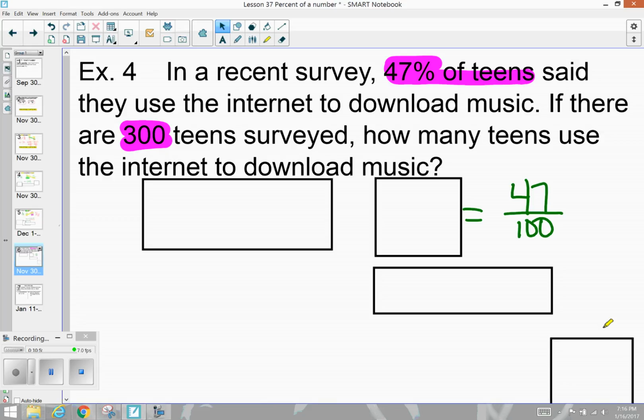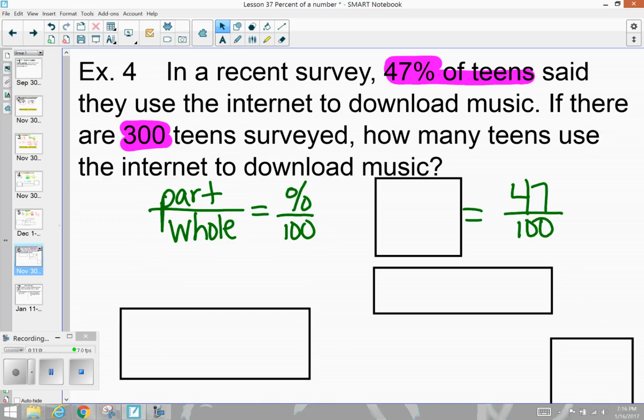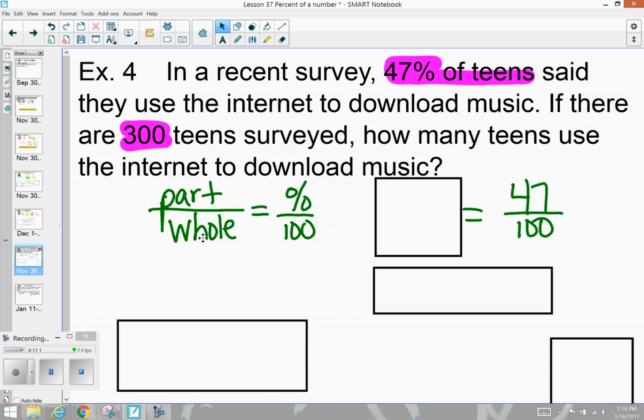But in this case, with the word survey, we're going to set it up with our other proportion. So this time we're going to say part out of whole, because we're talking about part of a group, and percent out of 100. So who is the part? Well, that's what we're trying to find out. Part of our survey. How many teens from the survey would use the internet?